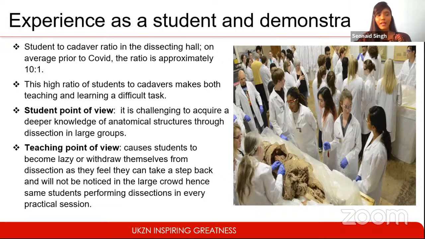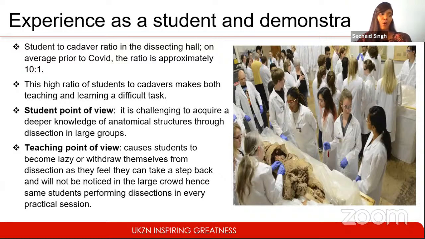The main aspect that I have noticed is the student to cadaver ratio in the dissecting hall. On average, prior to COVID, the ratio was approximately 10:1. And this is only due to the lack of body donors and the scarcity of cadavers that we may face.